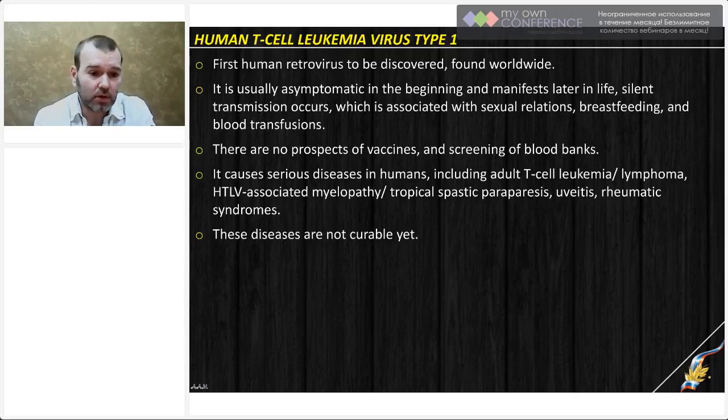Of course, it is difficult to control the disease, but common measures are absolutely available, and maybe some changes in obligatory screening procedures of donors will be introduced soon. But nowadays, again, no one is controlling that virus. The most frequent disorders caused by that virus are T-cell leukemia, T-cell lymphoma, and different types of myelopathies.